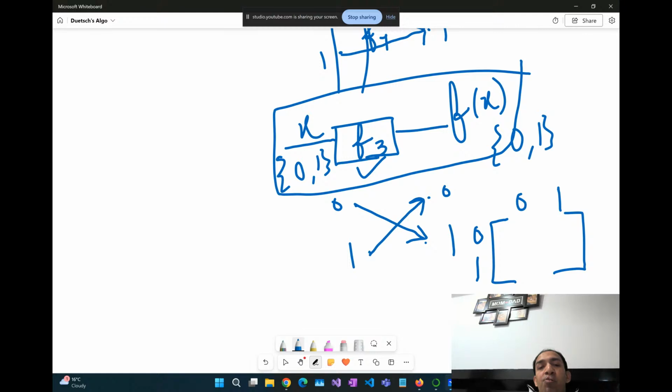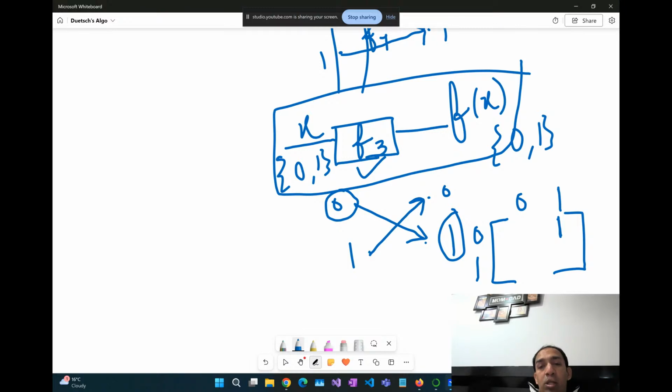So if you think here, when the input was 0, the output was 1, which means this value was true. So when the input was 0, the output was 1. But when the input was 1, the output was 0, which means this one is 1.